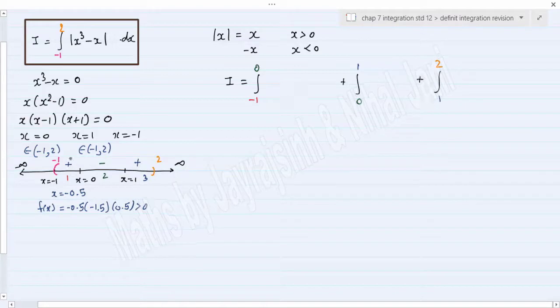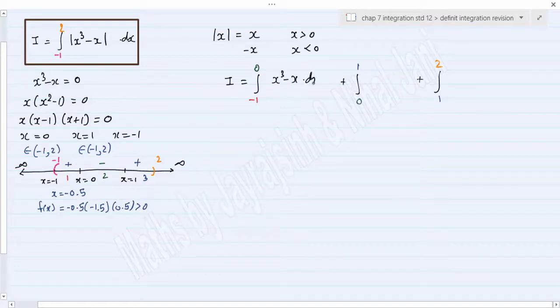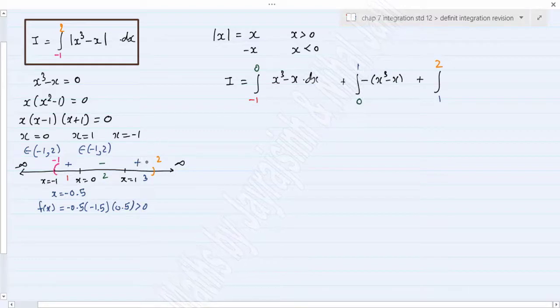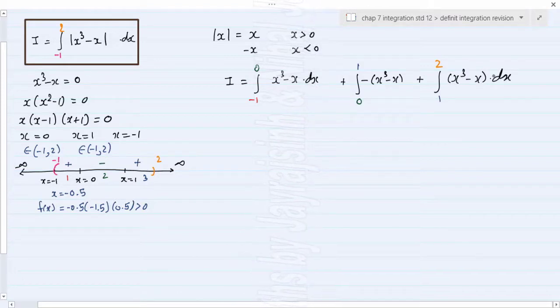Done? Now from minus 1 to 0 our function is positive, so we can say function will be x cube minus x dot dx, and from 0 to 1 our function is negative, so we can say minus of x cube minus x, and in the next interval the function is positive, so positive x cube minus x dot dx. Now we just have to integrate.